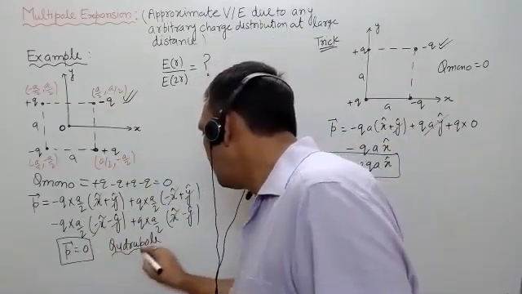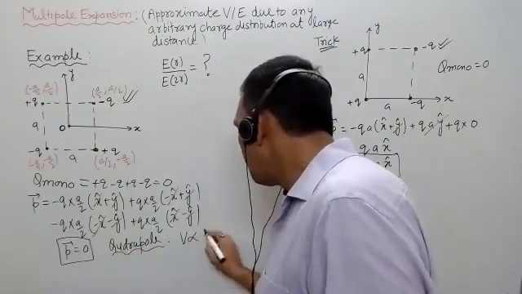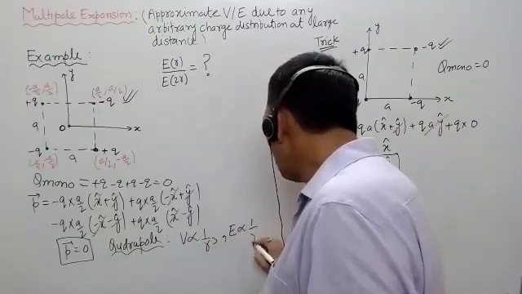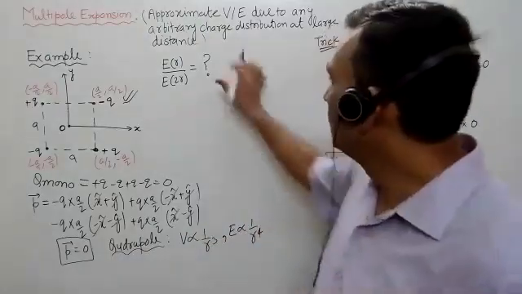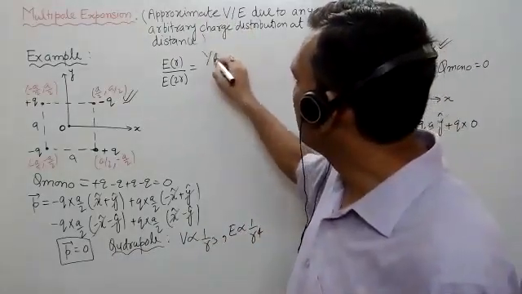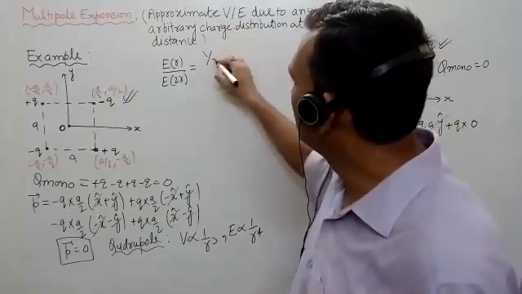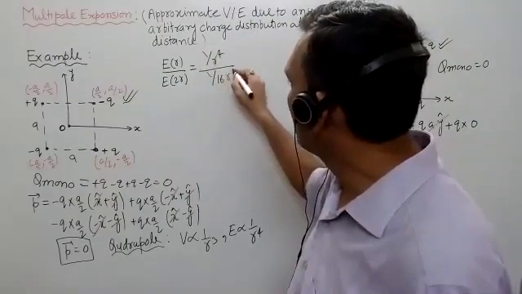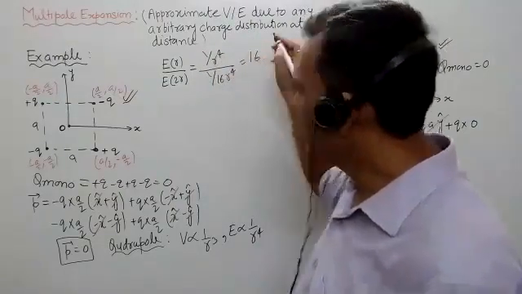In a quadrupole, potential is proportional to 1 by r cube, so electric field is proportional to 1 by r power 4. So what will be this ratio? 1 by r power 4 by 1 by 16 r power 4. So this ratio is 16.